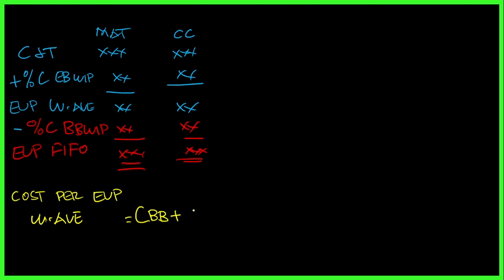I'm talking about the cost, plus the cost this month, or your total manufacturing cost. Okay? And then you divide this by EUP, using, of course, weighted.